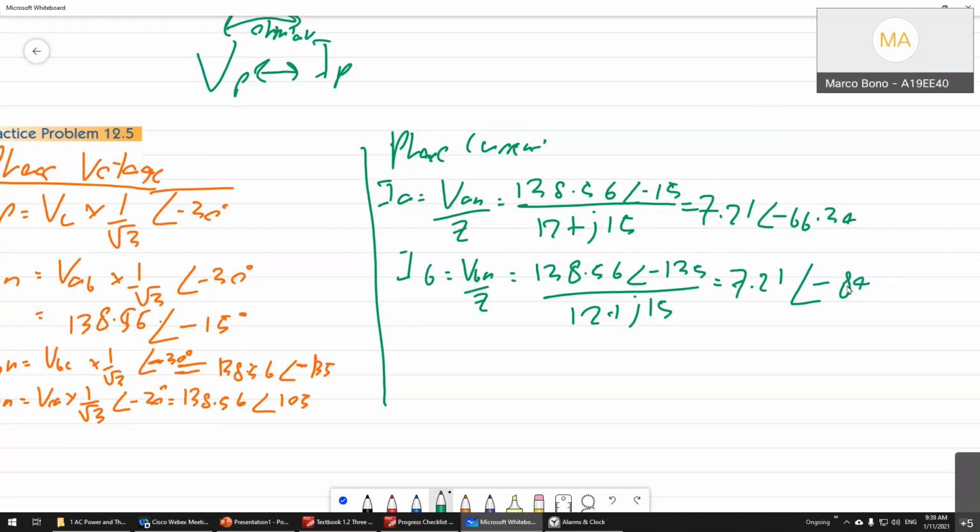Let me check first. Okay, let me delete this. Make sure you practice with your calculator because it involves a lot of numbers, so you can get confused with this.